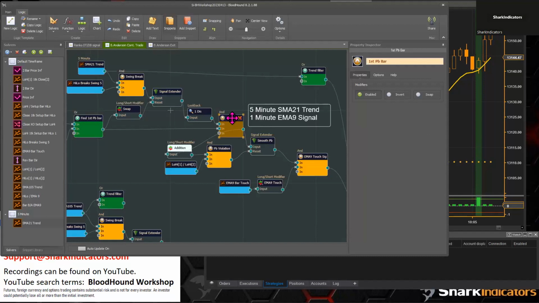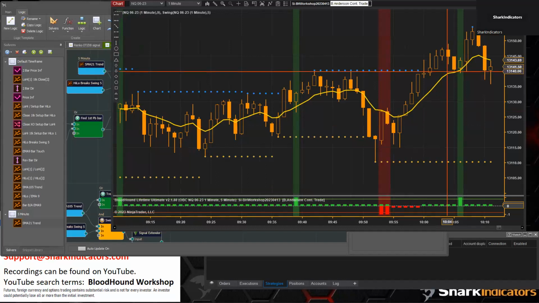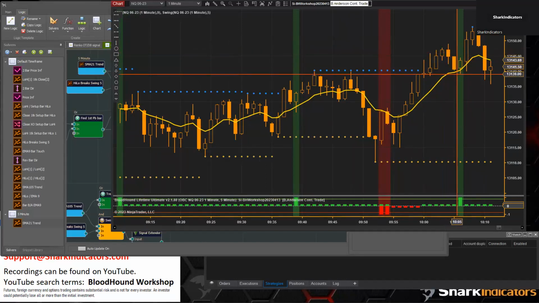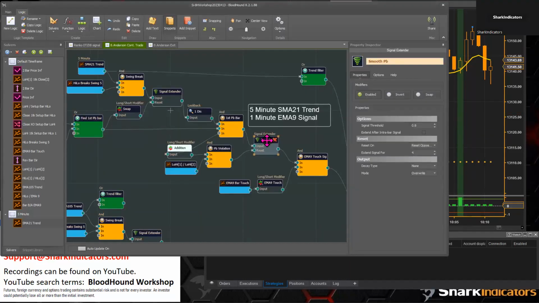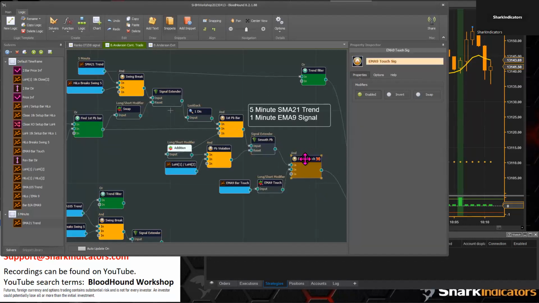Once you identify that, you put that first pullback bar into another signal extender, so you can allow for a certain number of pullback bars. That's what the second signal extender does. And then eventually you get to the actual signal when the bar touches it.